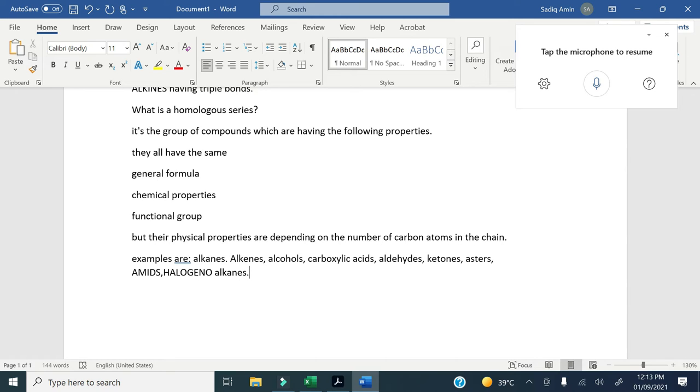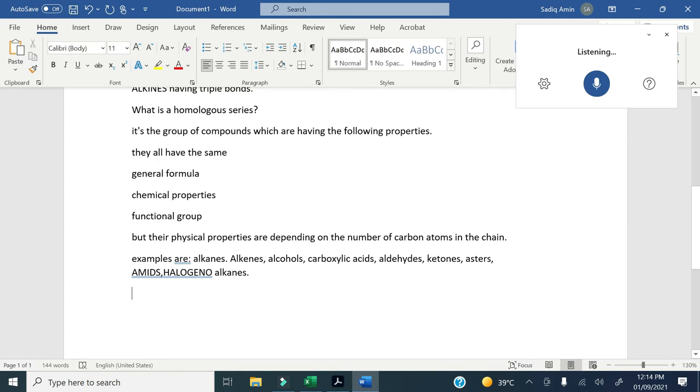So these are the examples of the homologous series actually, okay.